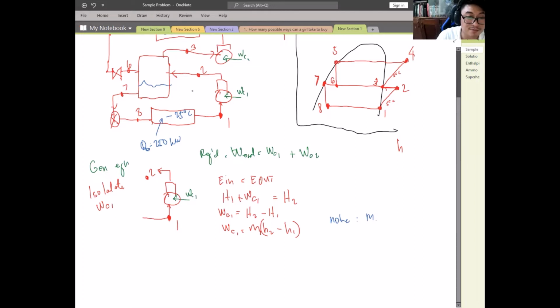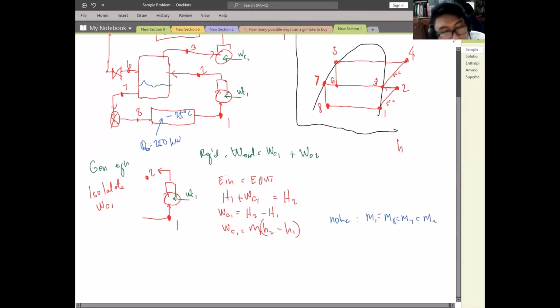So isa lang po 'yan. Constant po yung mass flow rate ng ating 0.7, 0.8, 0.1 and 0.2 kasi naka-connect sila sa work of the compressor 1. So mass 1 is equals to mass at 0.8, mass at 0.7, and mass at 0.2. Right. So this is for work C1.